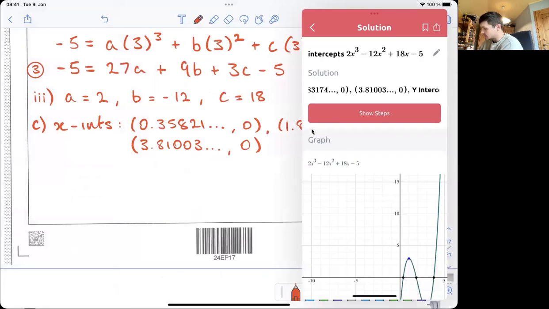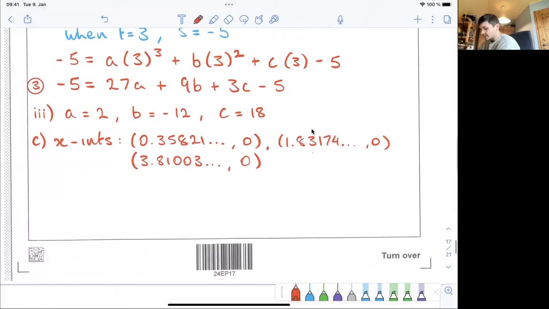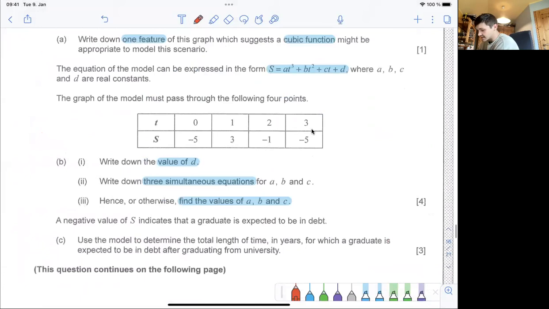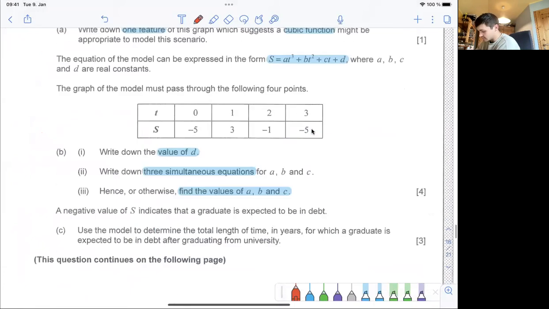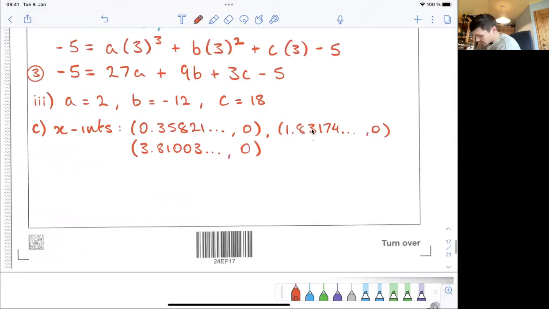All right, cool. So we don't need the calculator anymore. And we know that it's essentially from t is equal to 0 up to that first one. So s is below 0 for 0.35821 years, and then plus the time in which s is below 0, which is between these two x-intercepts.